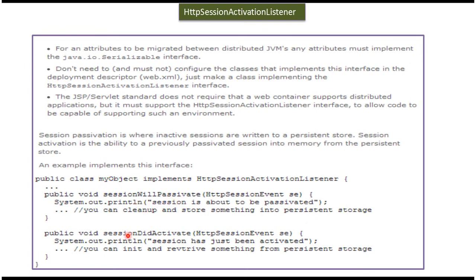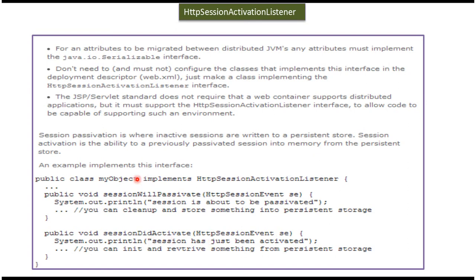When the session has just been activated, the session did activate method will be called, and you can initialize and retrieve something from the persistent storage. That kind of code you can write in the session did activate method.